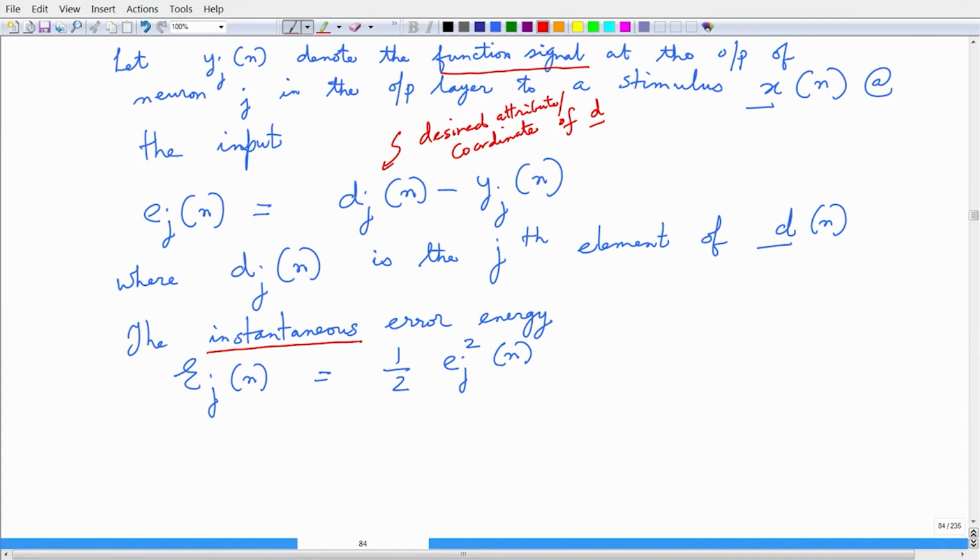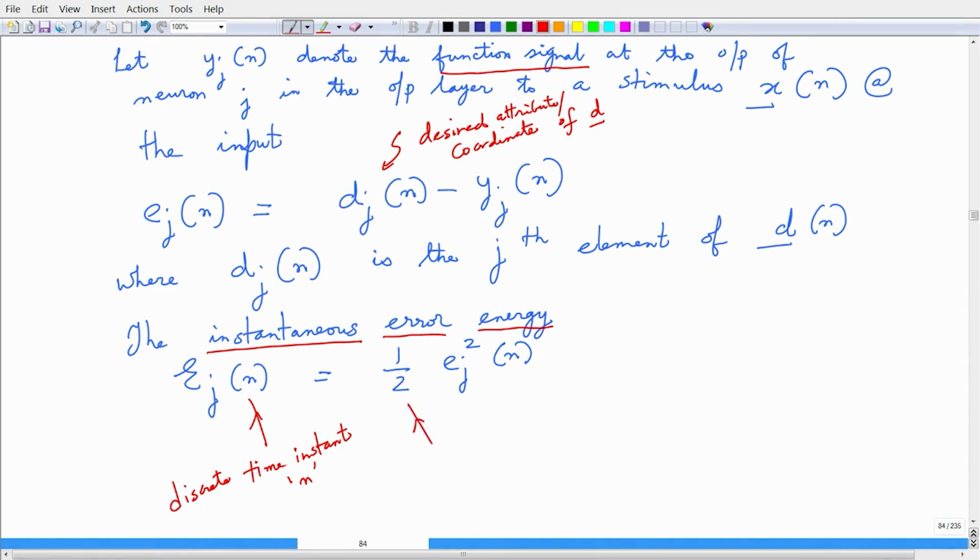It is instantaneous because this is at time instant n, and you have to be mindful that this is a discrete time step. So, we write it as half e suffix j square n. So, you may again wonder why this half.